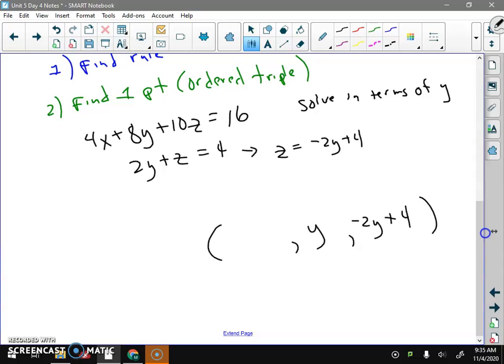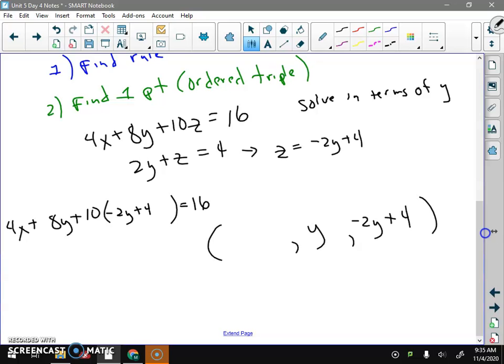So now I want to get x in terms of y as well, and here's how we're going to do it. First equation, 4x plus 8y plus 10. I'm going to replace the z with what it equals. Negative 2y plus 4 equals 16. What do I have? I have just x's and y's.